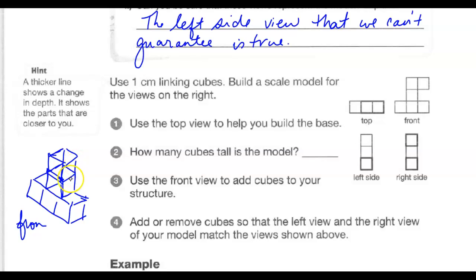So up 2, and then across here, 1. Okay, like that. Then the left side, this is closer. Oh yeah, the left side we can't see, but that looks like what the left side would be. The bottom one is closer, and the right side, the top and the bottom. So looking pretty good there.